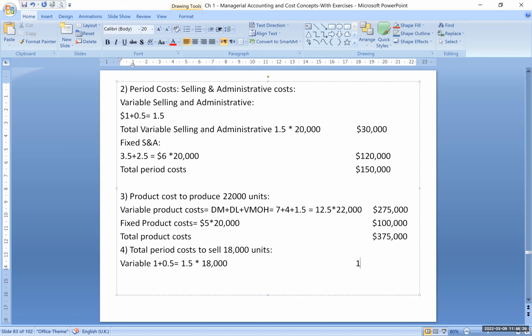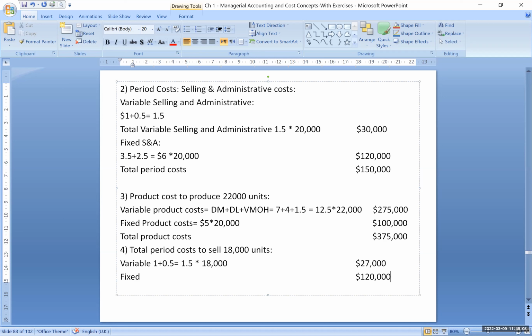This equals $27,000. And then we are paying in all cases fixed period cost or selling and administrative. We are paying $120,000 calculated in number 2. Why again? Because it is called fixed cost.